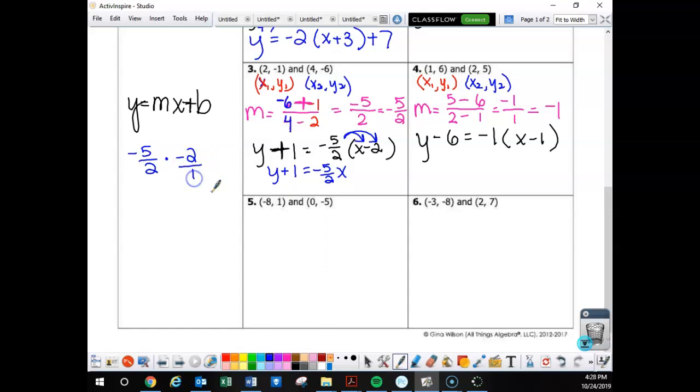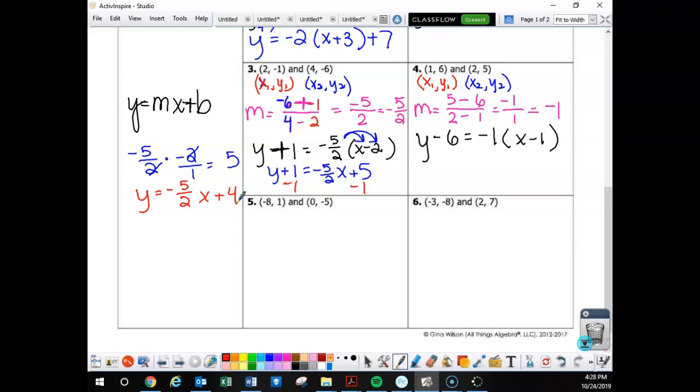Remember, put this over 1. These 2's can cancel out. A negative times a negative is a positive, so I'm left with positive 5. Then my last step is to just subtract 1. So this y-intercept would be 4. So this equation would be y equals negative 5 over 2 x plus 4.